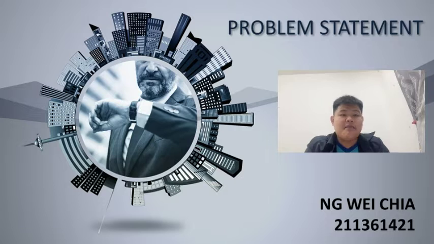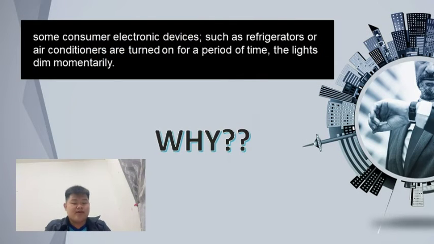Hi Miss, I am YAHYA. My matric number is 211361421. Now I want to explain the problem statement of this topic. Sometimes we may notice that when some consumer electronic devices such as refrigerators or air conditioners are turned on for a period of time, the light will dim momentarily.